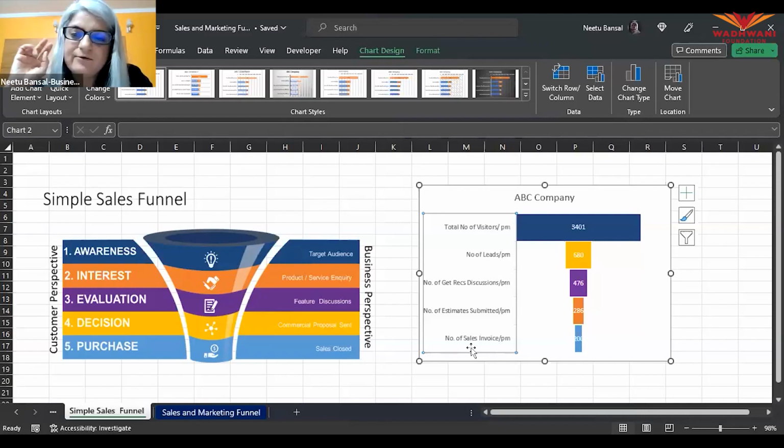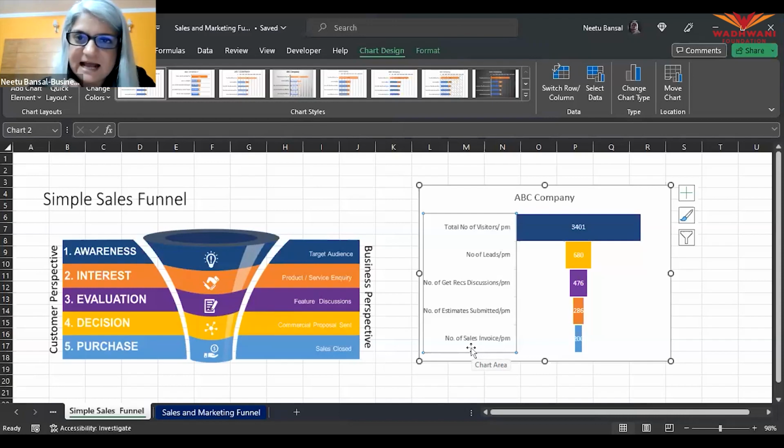Okay. And you've also got a very interesting topic. Another point is, for those of you who have different sales channels or marketing channels, you can also create separate funnels for each of the channels to see which channel has better conversion rates for you.